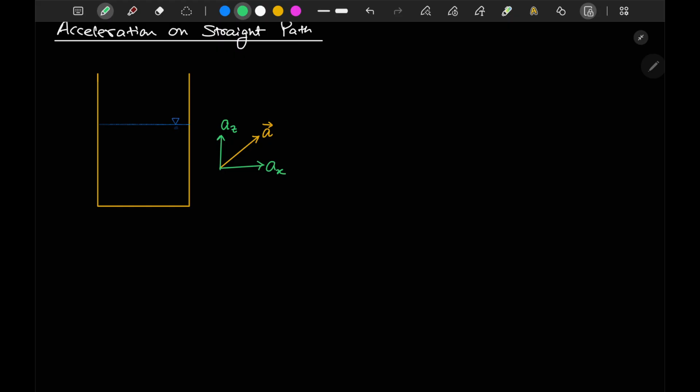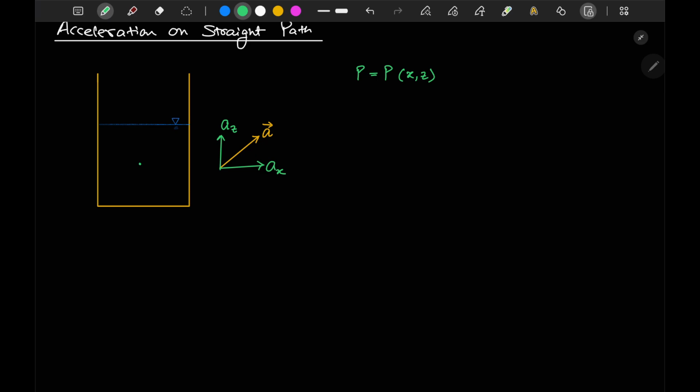Now from here, what can we write? If I talk about pressure at any point, pressure is a function of x comma z, or I can write pressure is a p of x comma y.